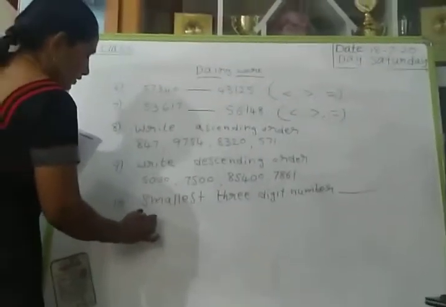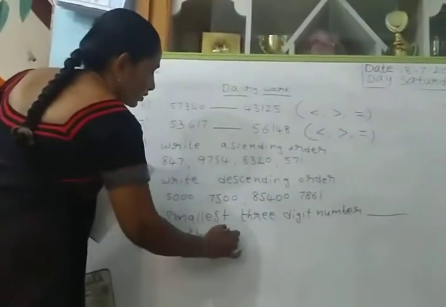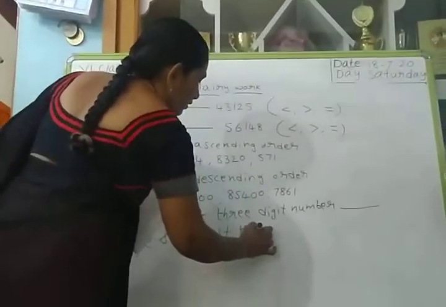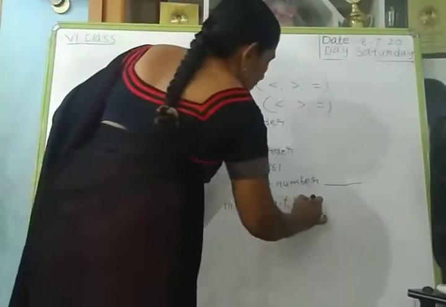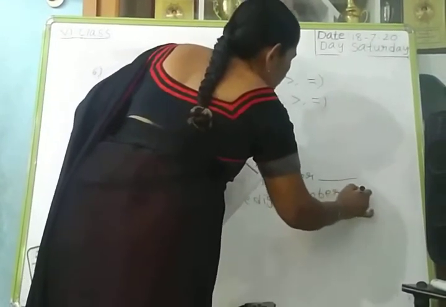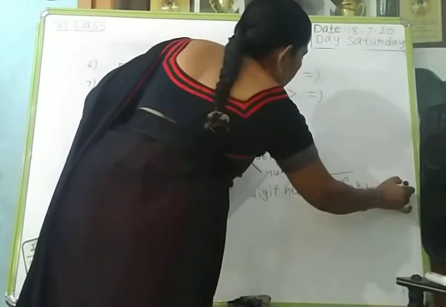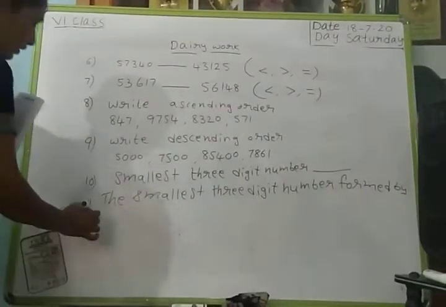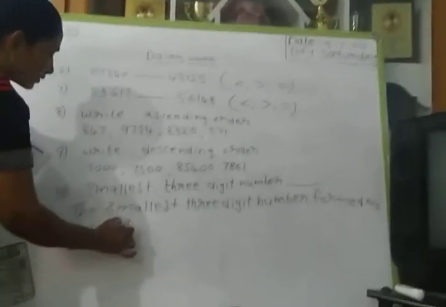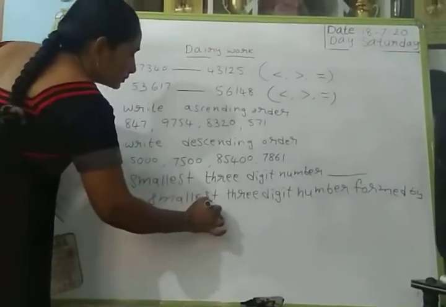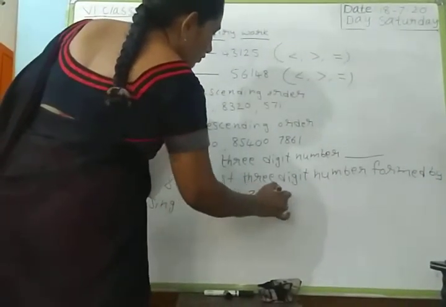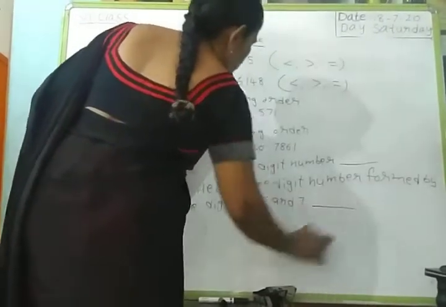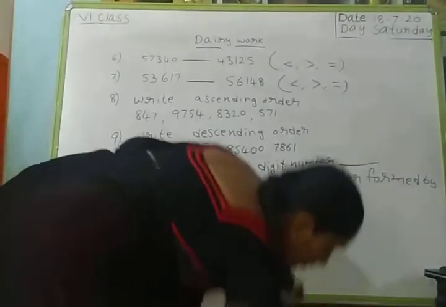The smallest 3-digit number formed by using the digits 2, 5 and 7. So which one do you have to write? The smallest 3-digit number. We have to write it by using the three digits.